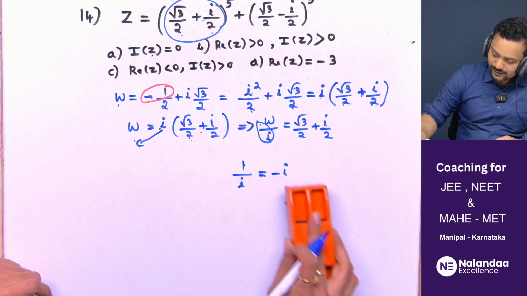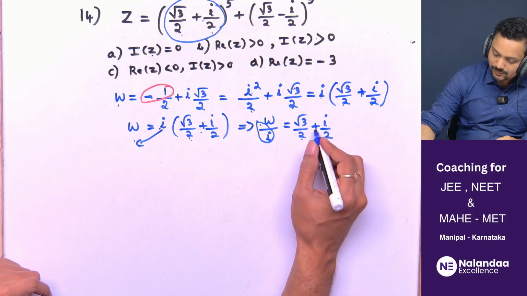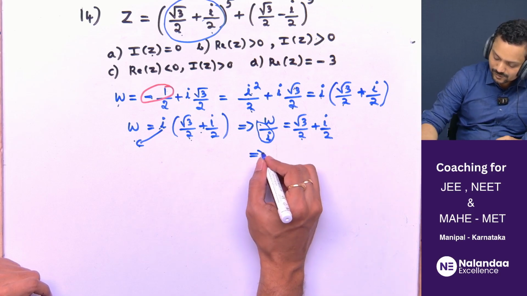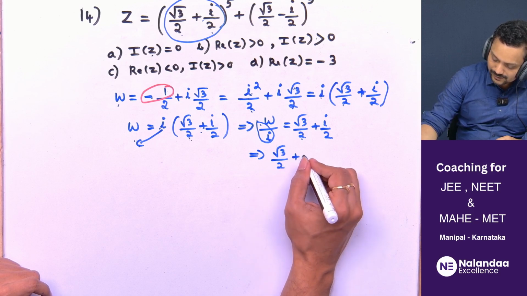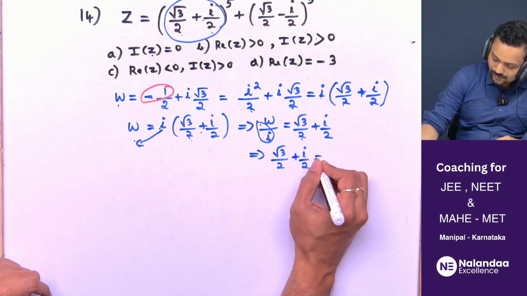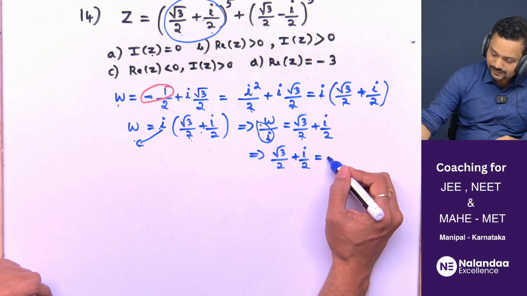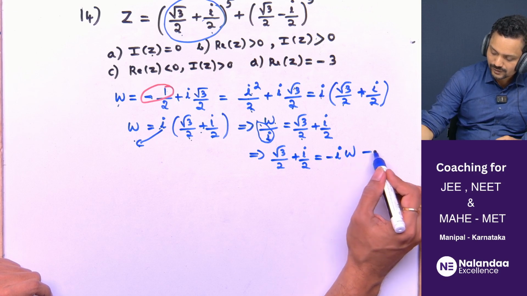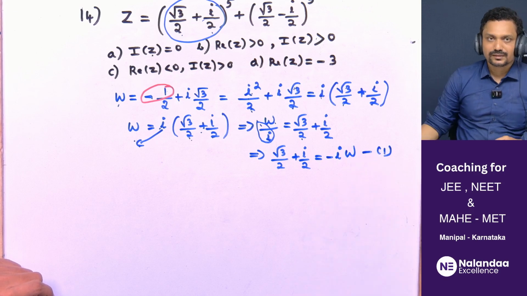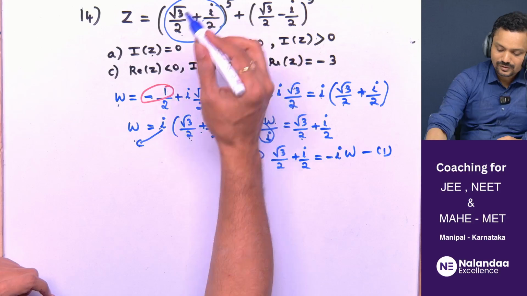That means from here I can conclude root 3 by 2 plus i by 2 is equal to 1 by i omega, that is minus i into omega. So let me take it as 1. Yes, so this part is got.